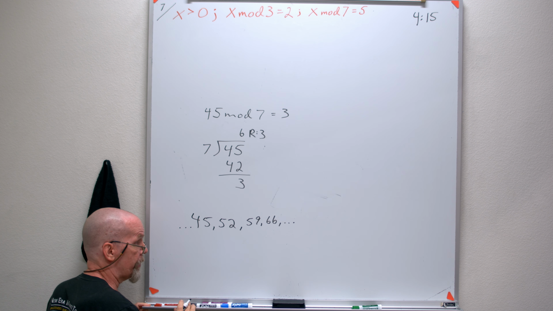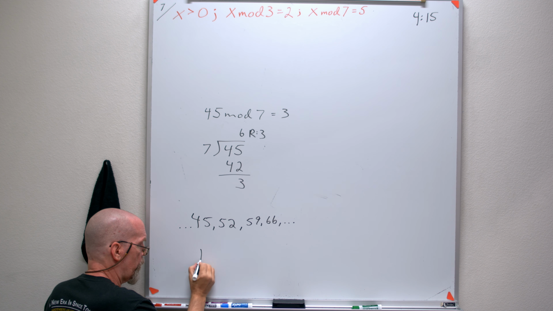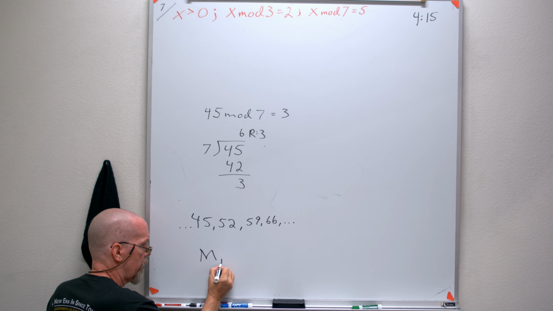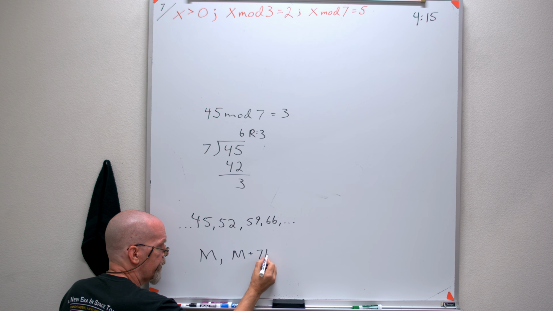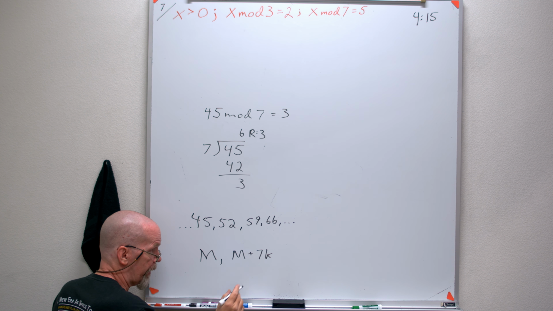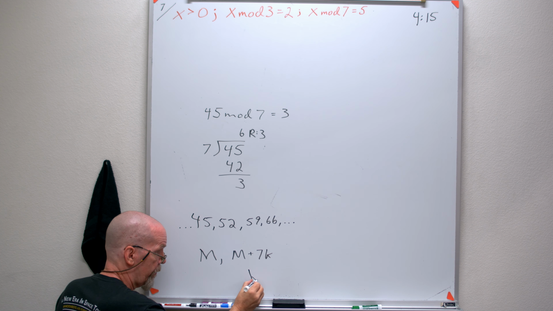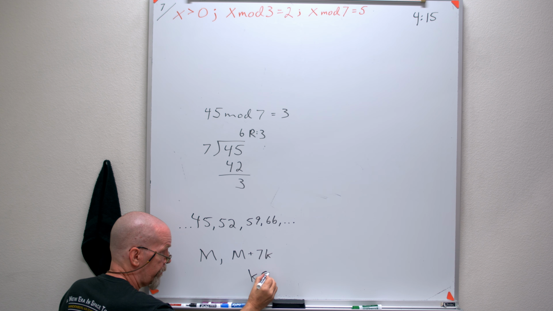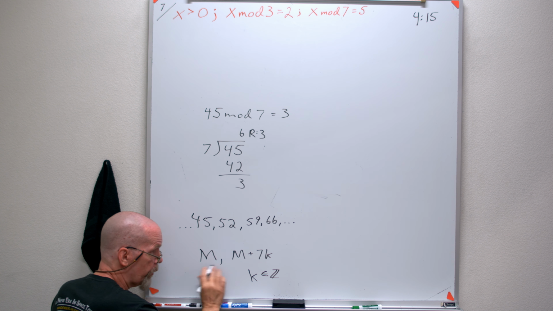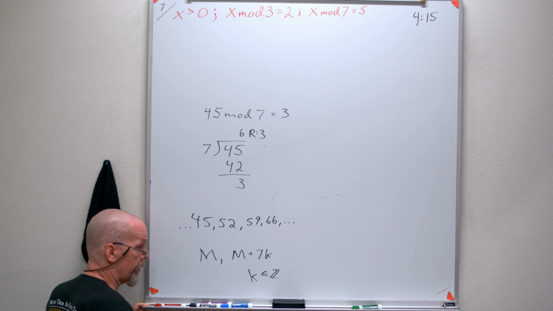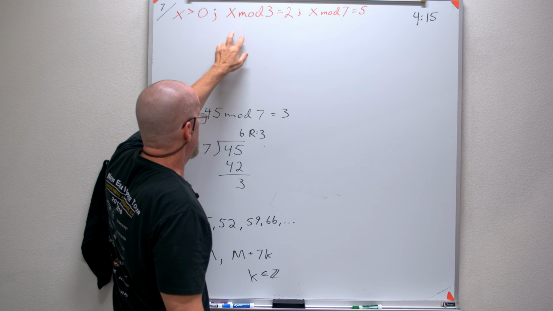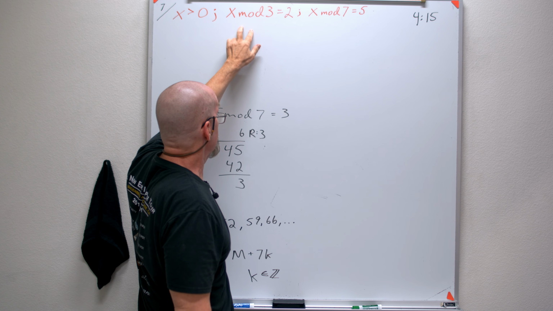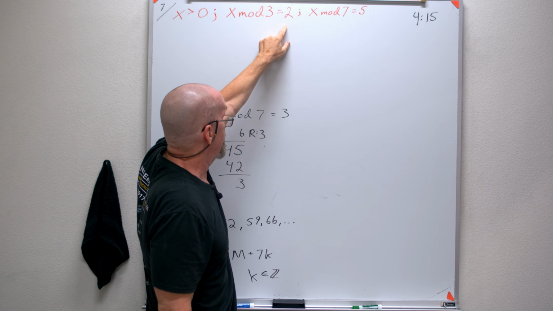So if we're doing a mod 7, any number m and m plus some integer multiple of 7 would be equivalent in modulus 7. So whatever our number for x is, if I add 3 or 6 or 9 to it, it's still going to have a modulus of 2.